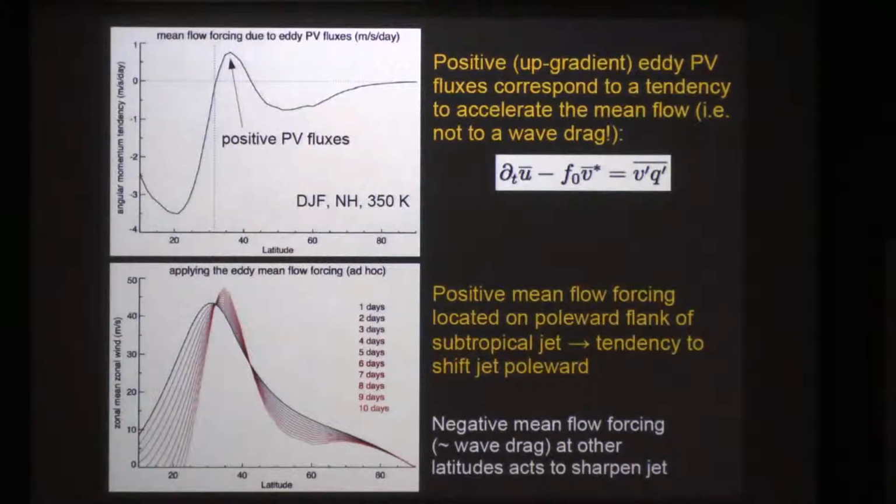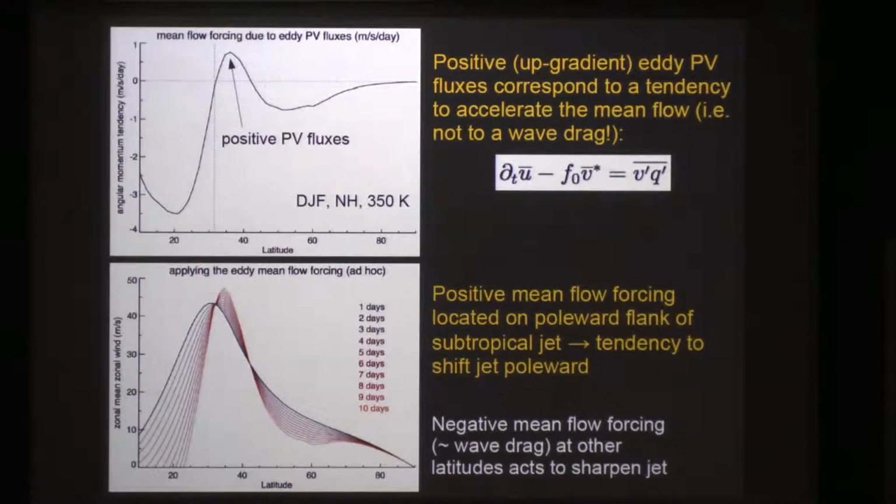Okay. So just to make sure you understand what's going on to the mean flow tendency here, this is a line plot across latitude of the mean flow tendency coming from these PV fluxes on 350 Kelvin, so approximately 200 hectopascals. So you have negative fluxes, and then here you have those positive fluxes, the up gradient fluxes.